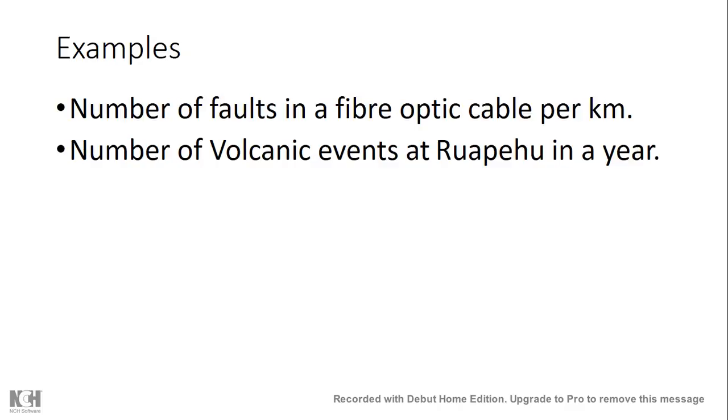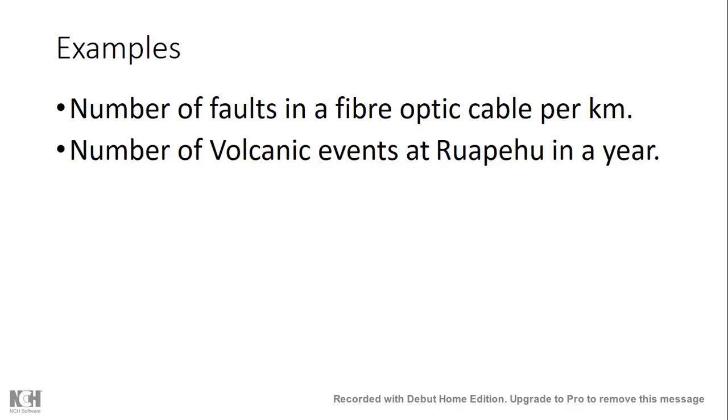So definitely discrete, in a fiber optic cable, per kilometre. So there we see the per, so we think of the cat straight away. Now if you see per in a question, it doesn't actually always mean that it's Poisson, but it's a pretty strong hint. It is possible to have per in another question, but it's worth putting money on it being a Poisson.